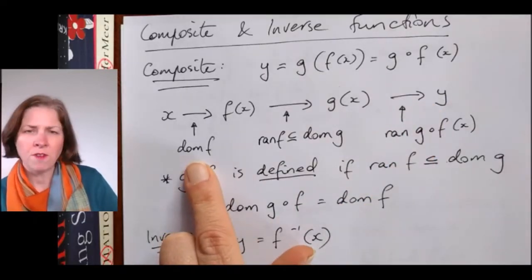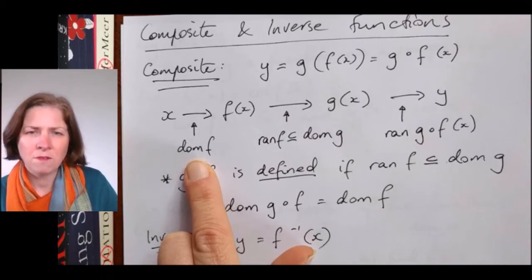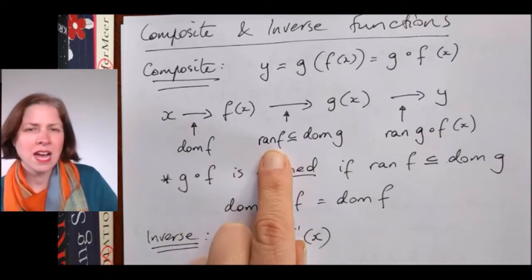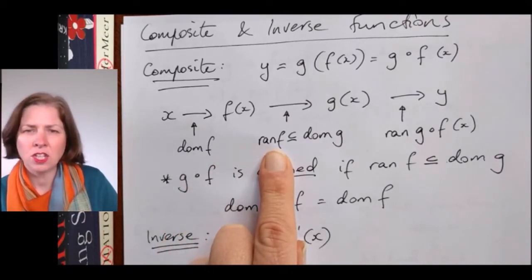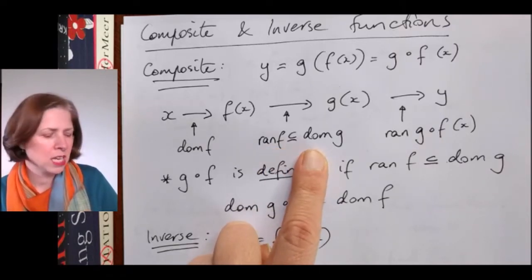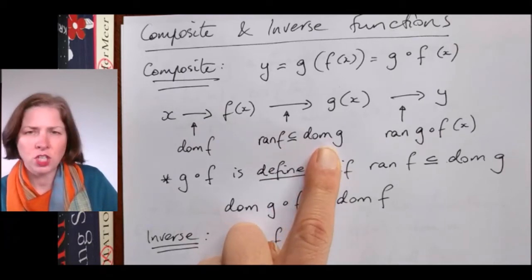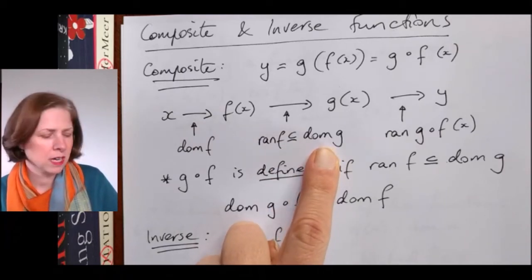So all the values that can go into f of x make up the domain of f, and what comes out of f makes up the range of f. Now the range of f has to fit into the domain of g, so it must be a subset or an equal set to the domain of g in order for this function to be defined.